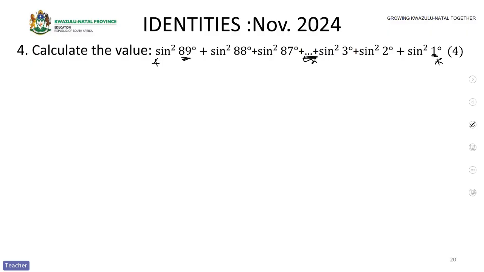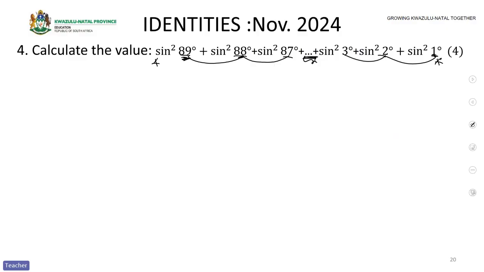Why am I saying that? Because if you look at the angles, 88, 89, there's a difference of 1 here. So 88 minus 89 is -1. 87 minus 88 is -1. 2 minus 3 is -1. 1 minus 2 is -1. So there is an arithmetic pattern in terms of angles.